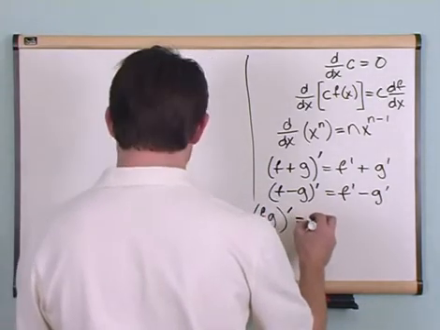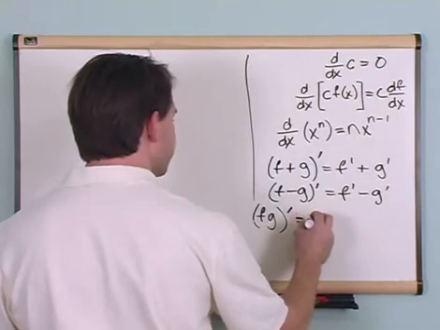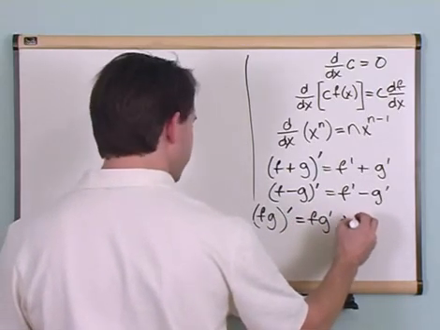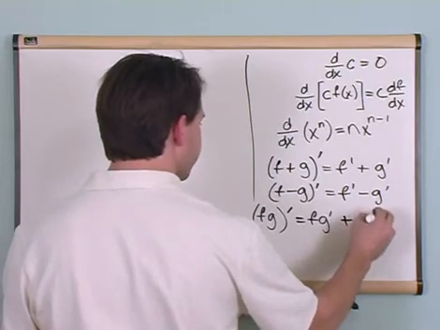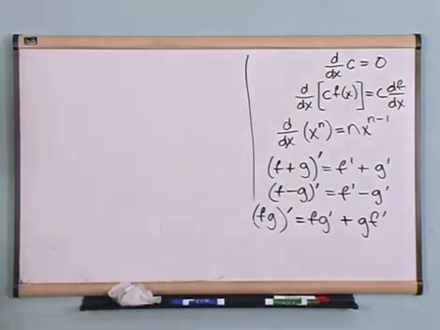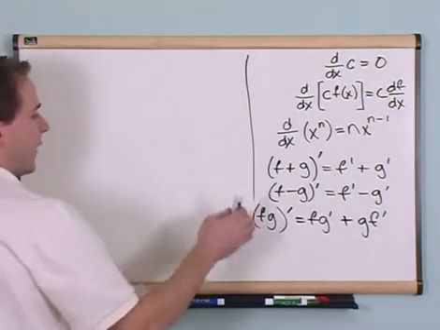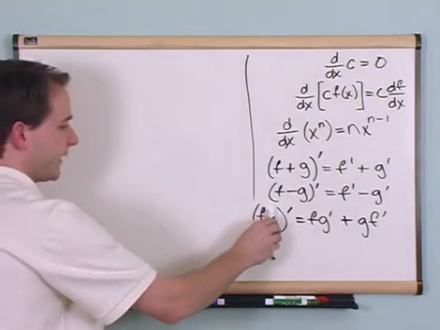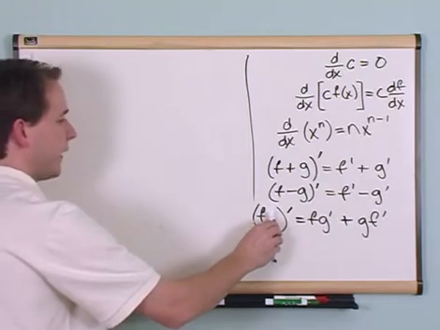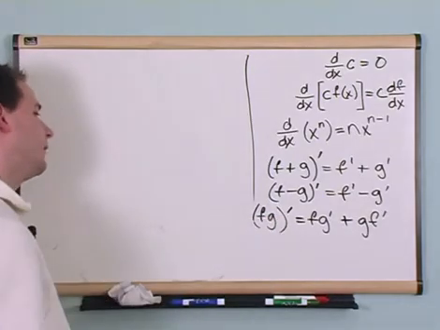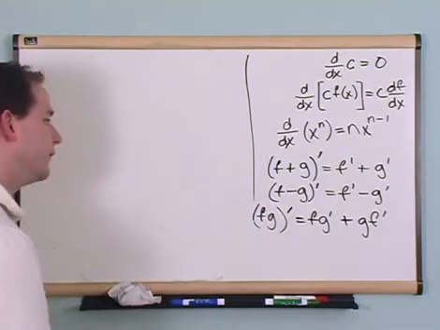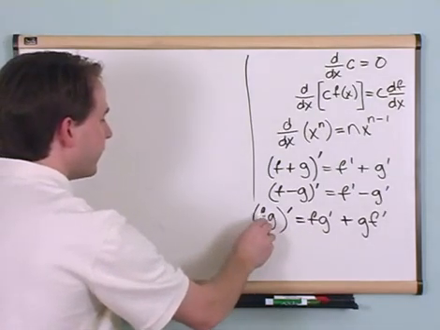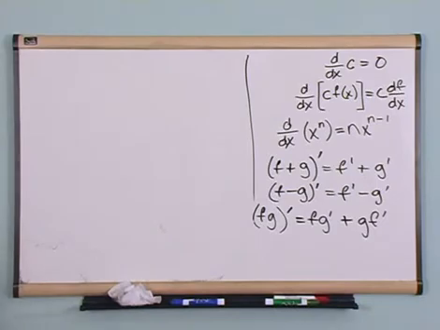What you do is you have the first function times the derivative of the second function, plus the second function times the derivative of the first function. So the way I remember it when I see it down on paper is the first times the derivative of the second plus the second times the derivative of the first. And that's what this is saying here. First times the derivative of the second plus the second times the derivative of the first. That's how I remember it.